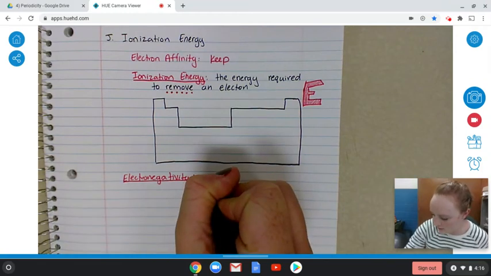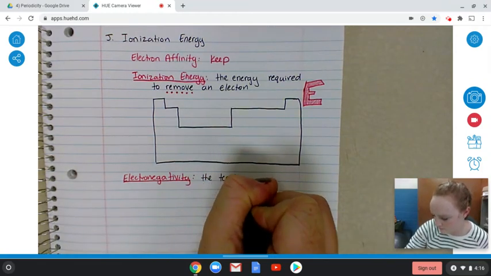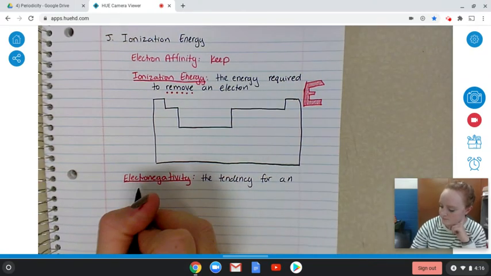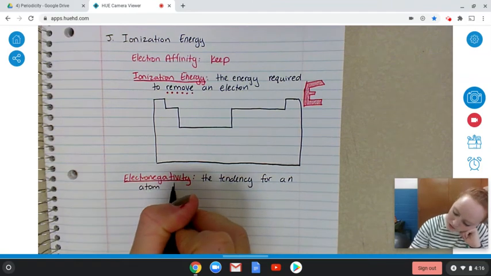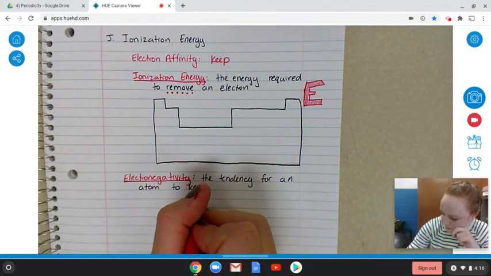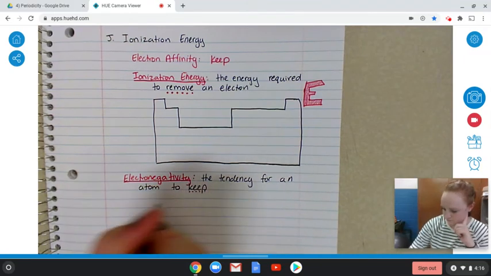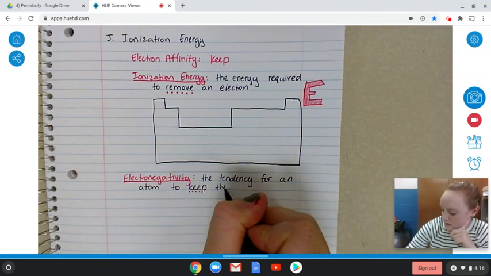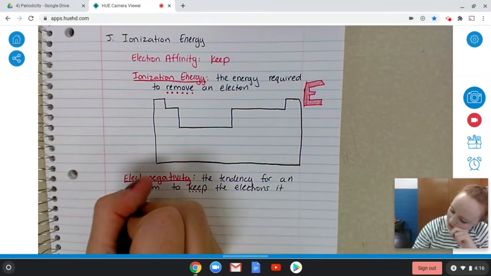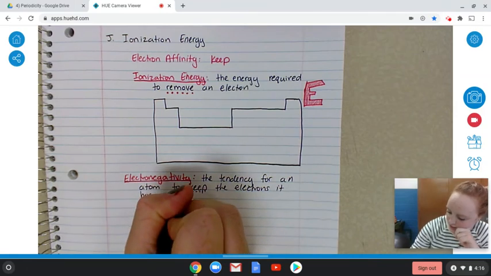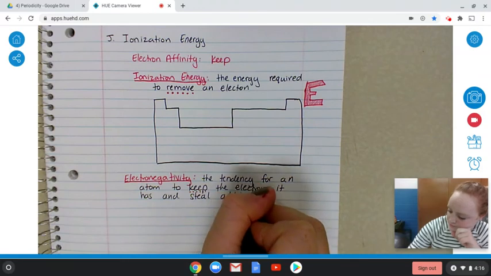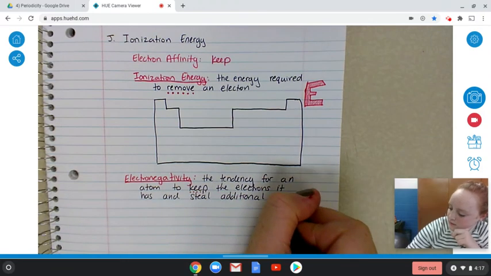So electronegativity is the tendency for an atom to keep, remember that's one of our power words in the definition, the electrons it has and steal additional electrons.